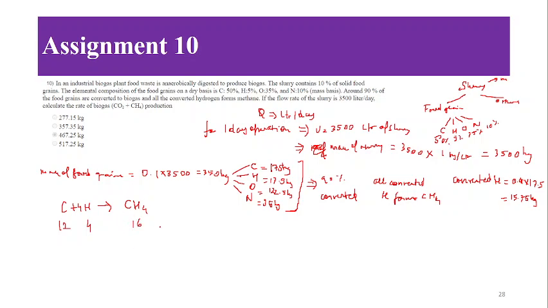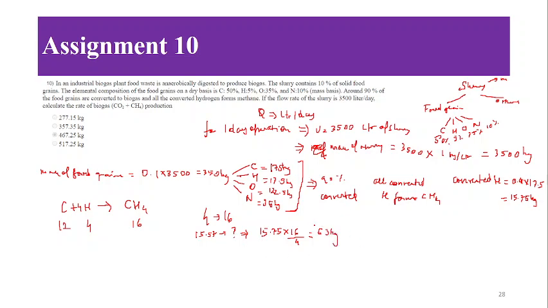So from this relation, if 4 units of mass of hydrogen gives us 16 units of mass of methane, then how much methane will 15.75 kg of hydrogen give us? So 4 gives 16. So how much will 15.75 give? Using the unitary method, 15.75 into 16 by 4. This comes out to be 63 kg.